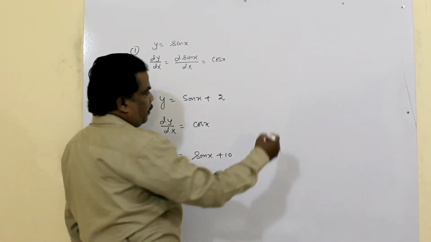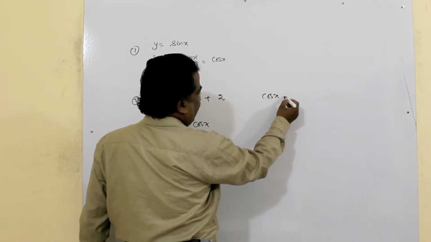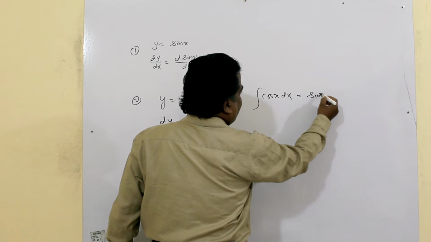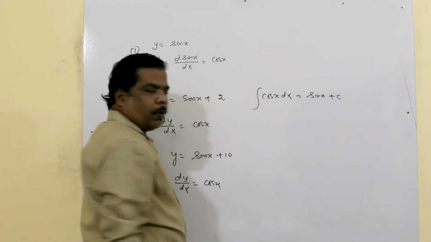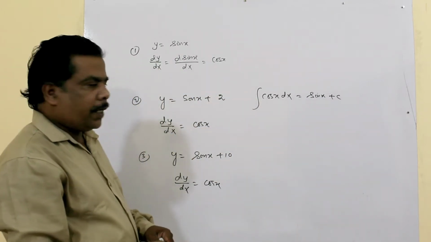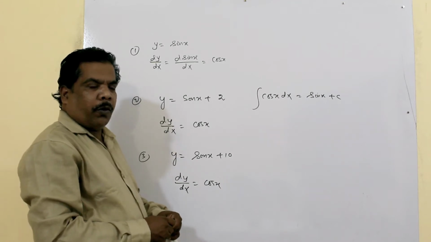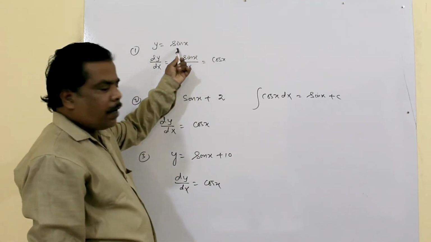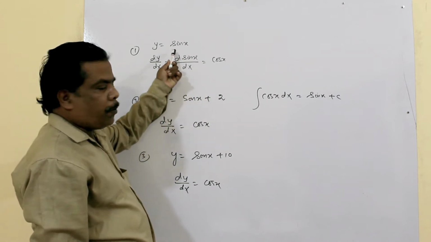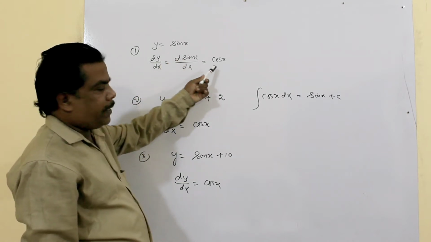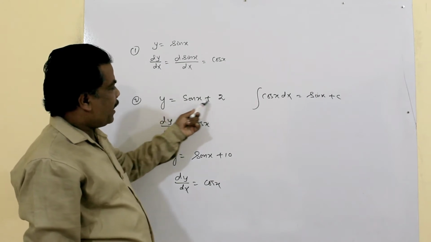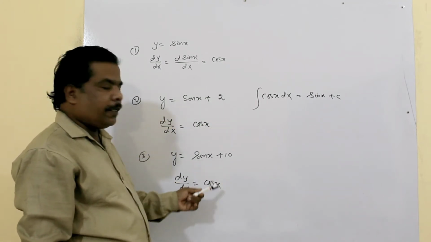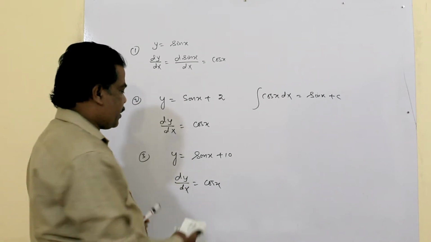Now the integration of cos x dx is equal to sin x plus c. So we cannot get a definite value. We cannot get the original function. If you take sin x, the derivative is cos x. If you take sin x plus 2, the derivative is cos x. If you take sin x plus 10, then the differential coefficient is cos x.